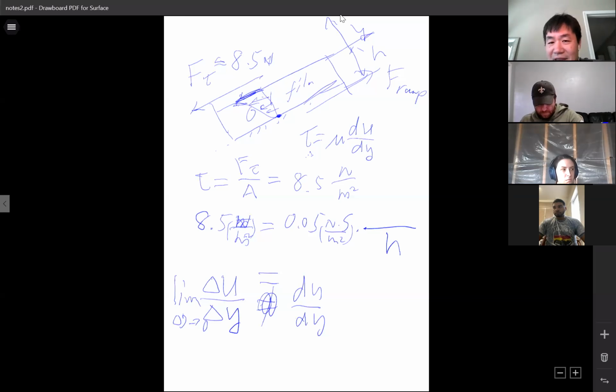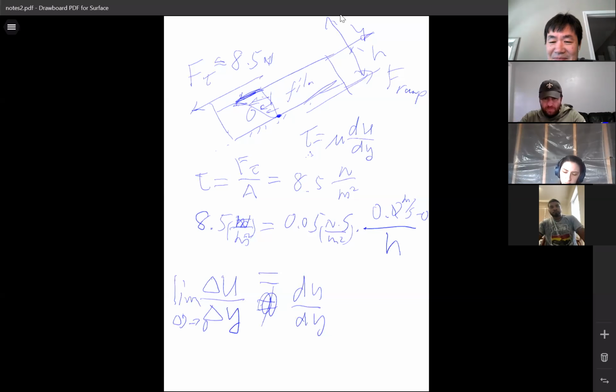Along that thickness of film, what is delta u? What is the velocity difference? 2 centimeters per second, because this is 2 centimeters per second and this is 0. Delta u is just 0.02 meter per second minus 0. Everybody follow me?